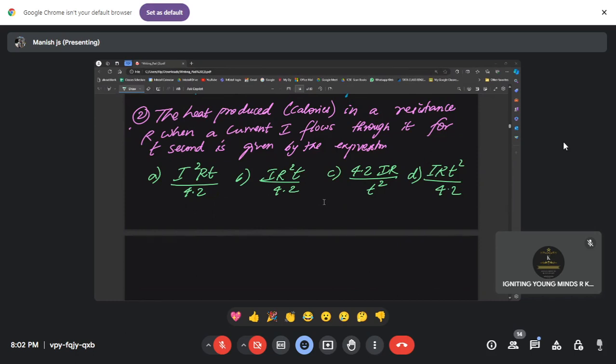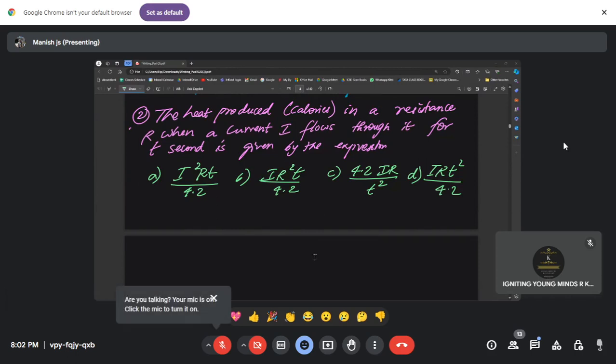Here, the conversion from joule to calories is what you should take care of. Primarily it will be in joules, so if you go for conversion to calorie, the factor of 4.2 comes.